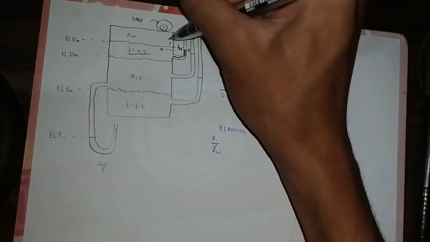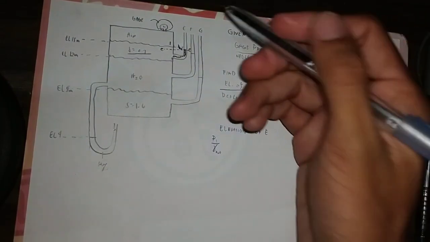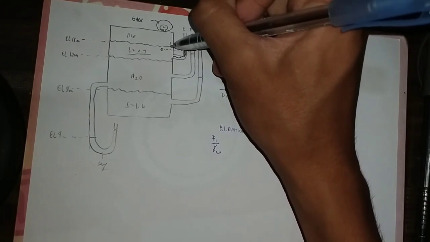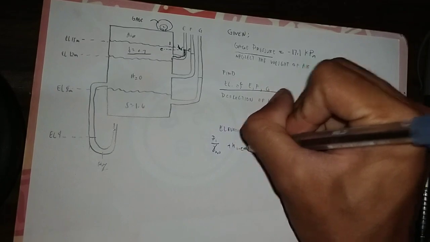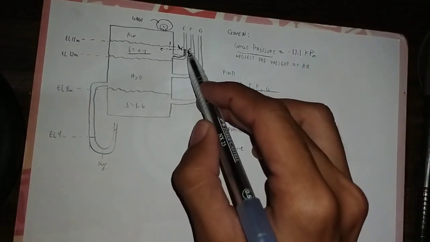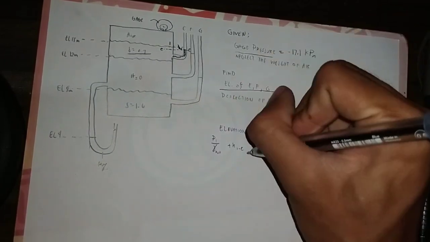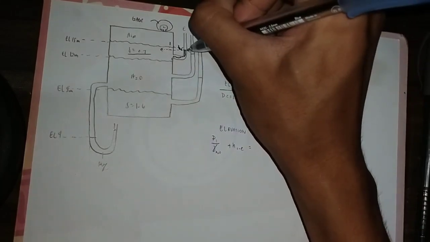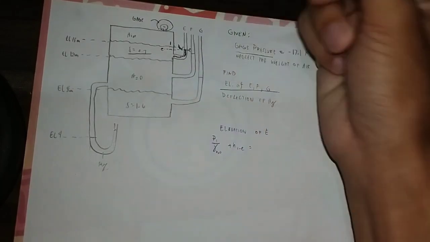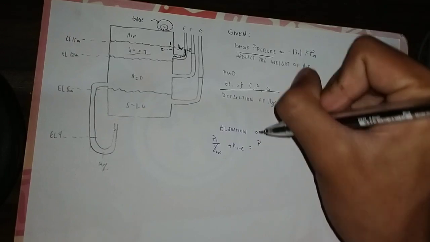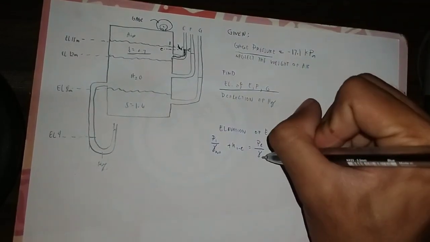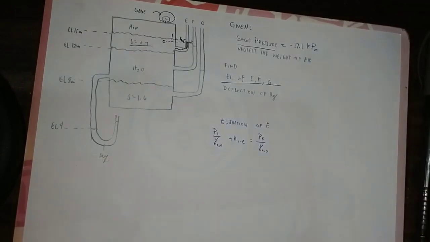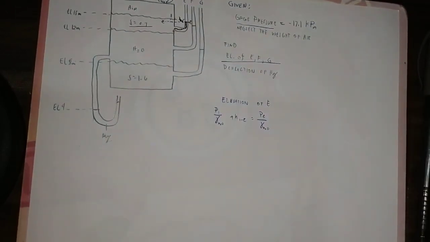As again, neglect the weight of air, and then we'll just move from 1 to E, plus the pressure head at 1 to E. And then from here, the pressure from the outside is PE over the unit weight of water in kilonewton per cubic meter.